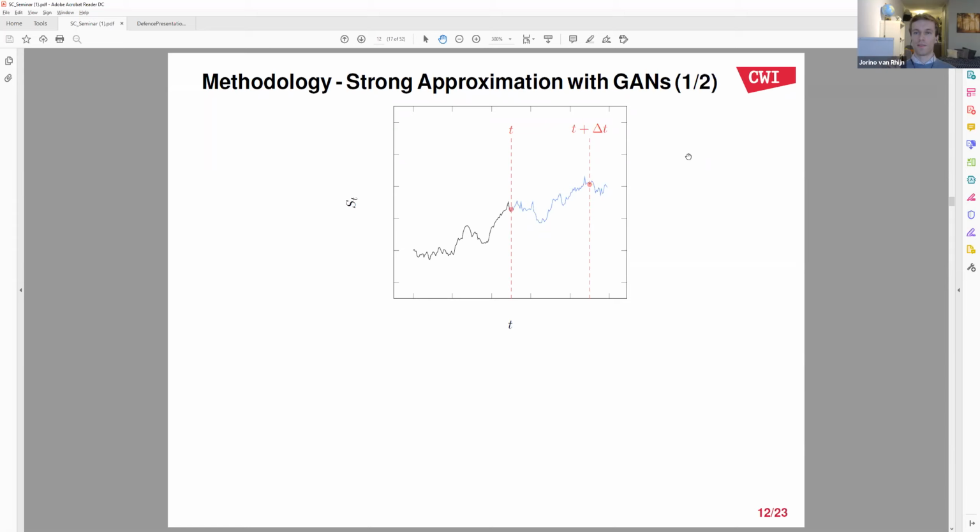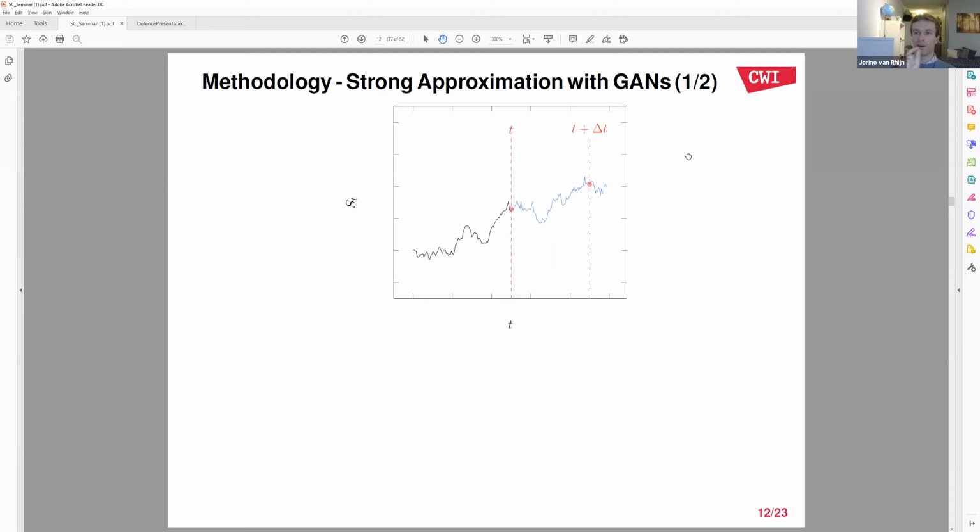If we are only interested in the value of an option contract at time t plus delta t, then we don't need strong approximations, because you can just do your Monte Carlo simulation and compute the mean, and that mean value will give you the value of the option contract.